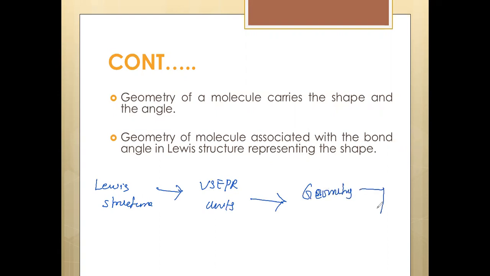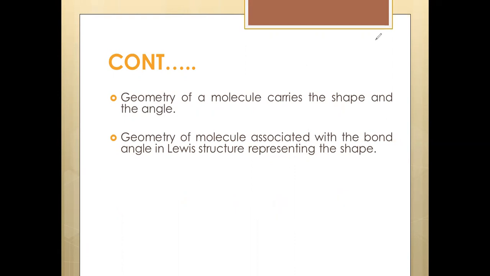And finally, from the geometry, we speak about the shape. When you mention the geometry, the angle is very important. This is the order of finding the shape. You will be clear in the next presentation.